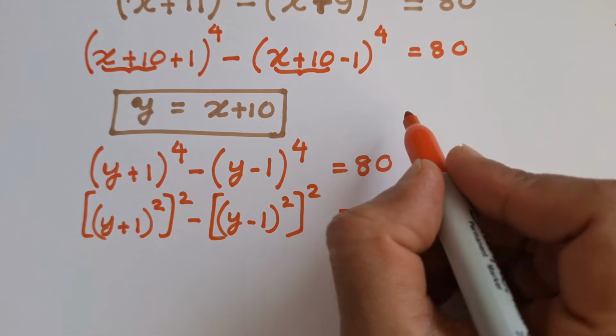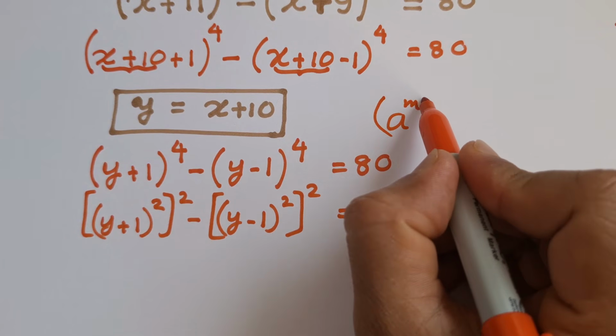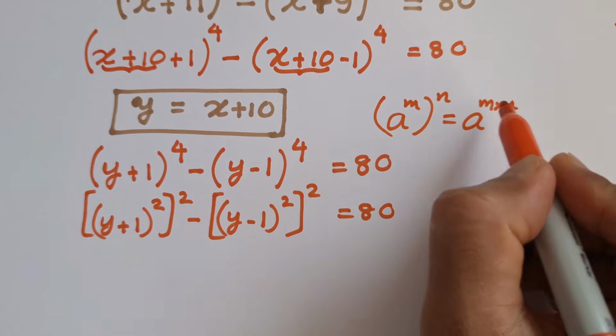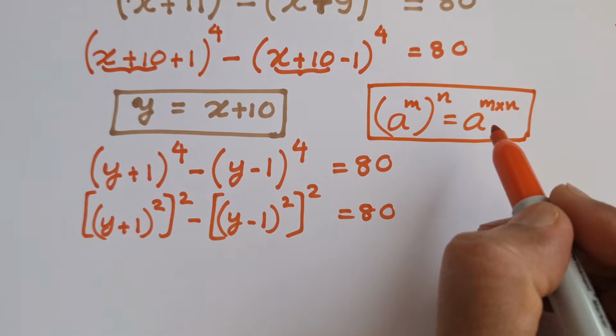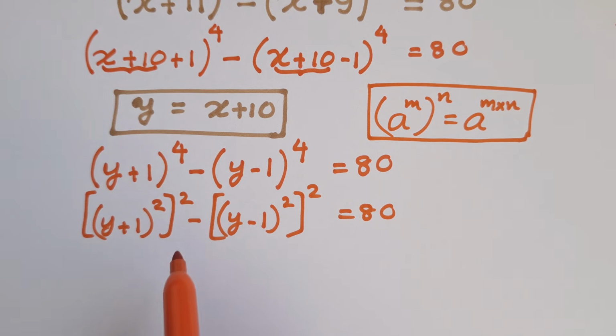Because we know that according to the exponential rules, for any real number a, a to the power of m, whole to the power of n, is equal to a to the power of m times n. This is always true. So here 2 times 2 is equal to 4, 2 times 2 is equal to 4, so there is no harm to our equation.